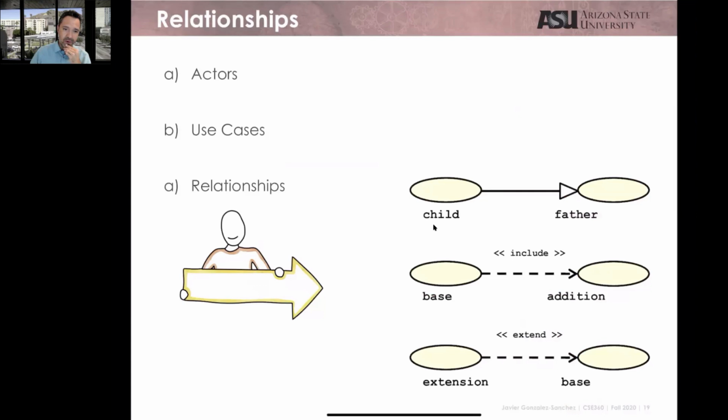As I mentioned before, for your exam, the relationships, something that I need to be sure that we agree on. Number one, actors. What is an actor? In a use case diagram, what is an actor? Someone that interacts with the system, yes.